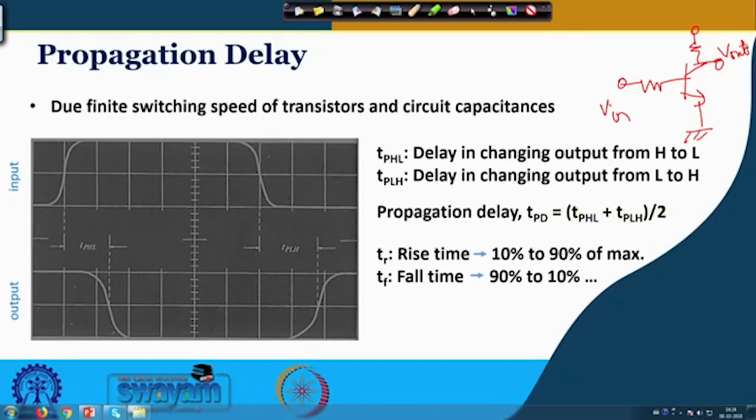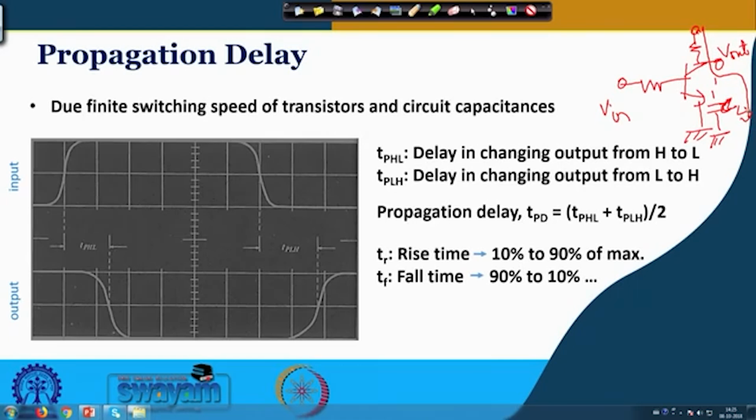So, though we have not explicitly mentioned it, there is a presence of load capacitance, and the more the number of loads, the more other transistors you connect, the more is this value, because all these capacitances come in parallel, and these capacitances need to get charged through this path.